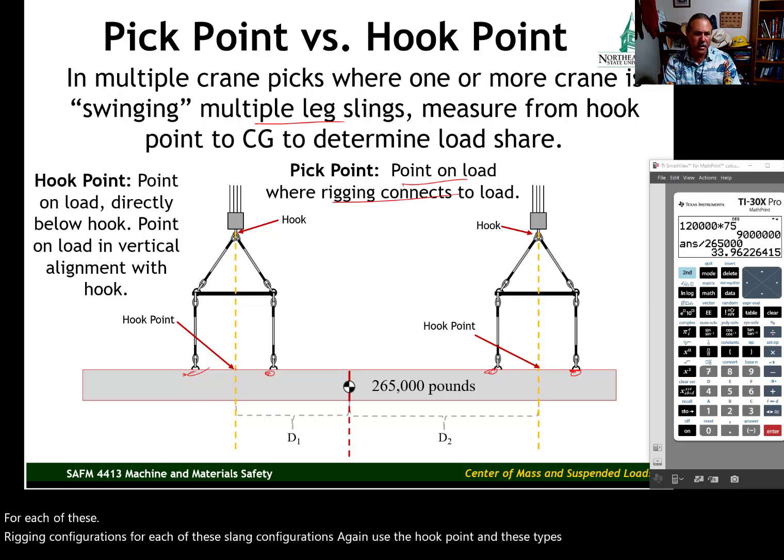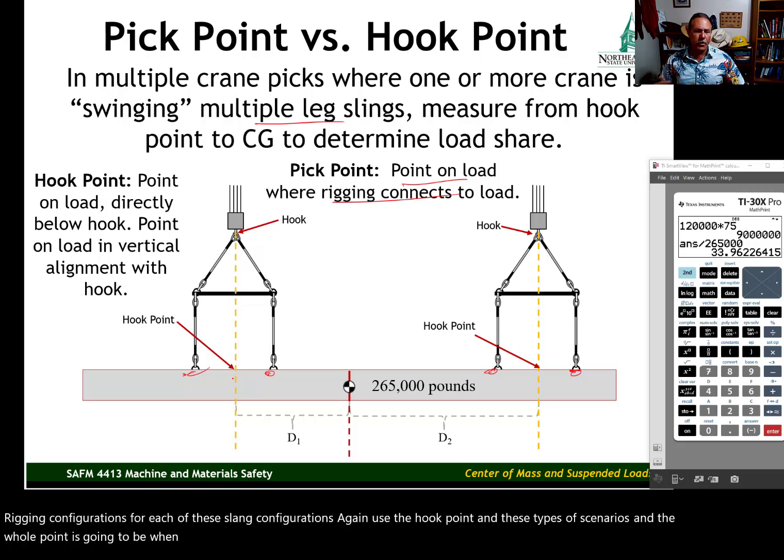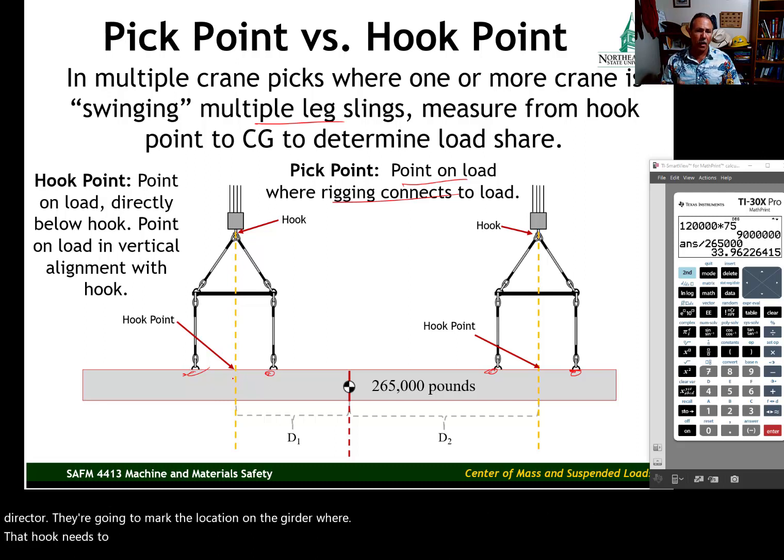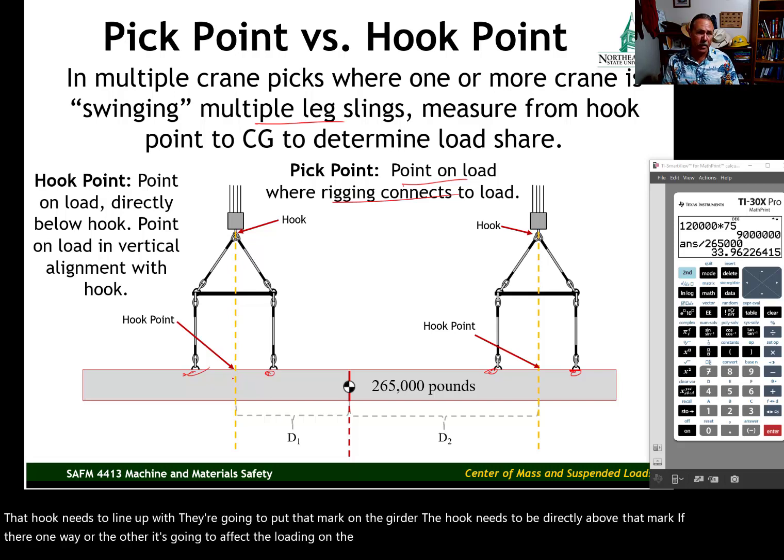And the hook point's going to be, when you're planning your lift, you're getting ready to make your pick, the engineer or the lift director, they're going to mark the location on the girder where that hook needs to line up with. They're going to put that mark on the girder. The hook needs to be directly above that mark. If they're one way or the other, it's going to affect the loading on the cranes and the loading on the rigging.